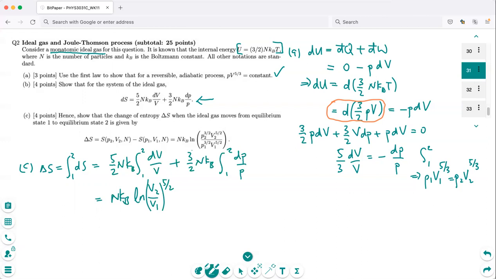Okay. And then for the pressure term, you have the same. So I'm going to square bracket this. So for pressure, you have P2 divided by P1. And then you're going to raise to the power of 3/2. Okay. And now you tidy everything. You have the log, you tidy everything. You get this result.